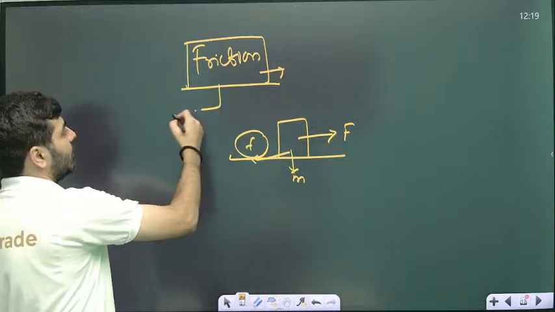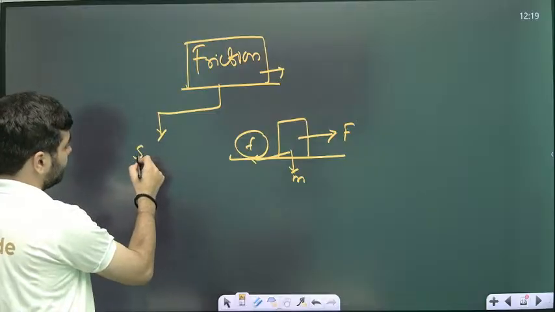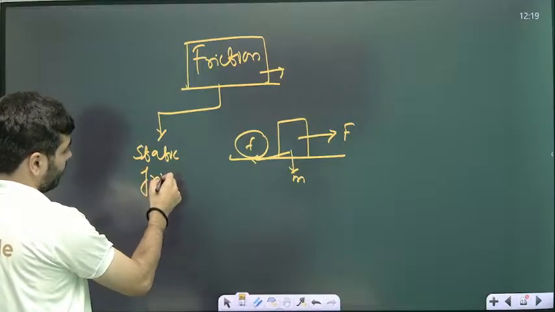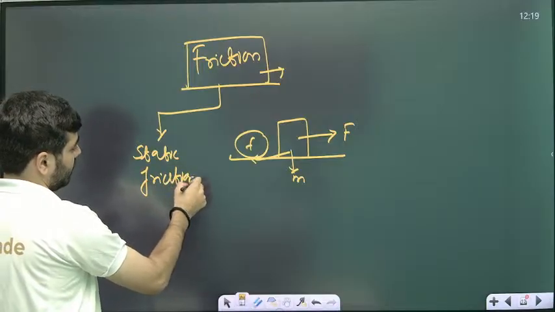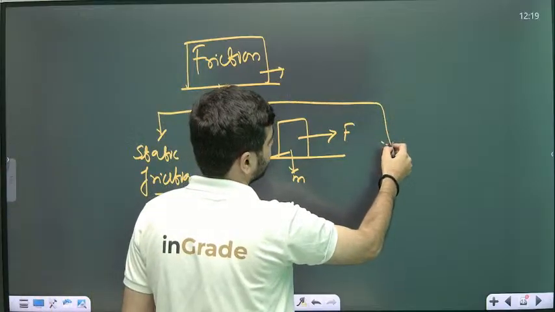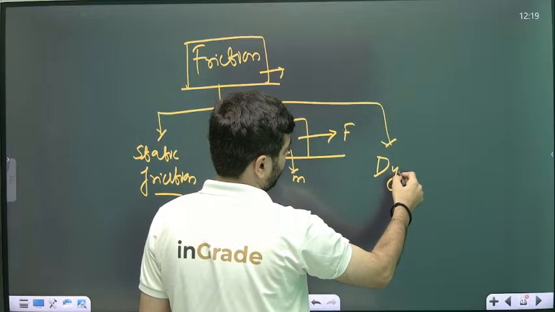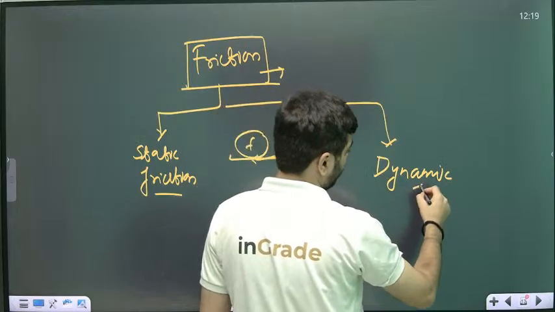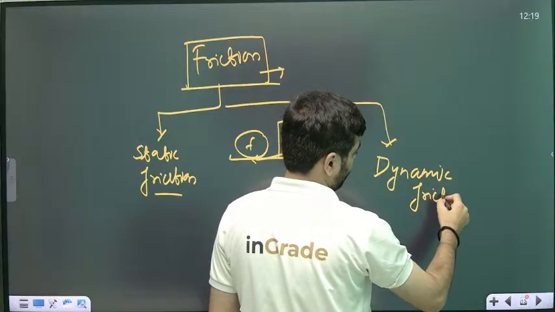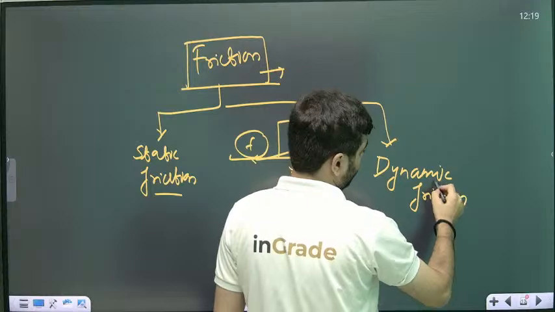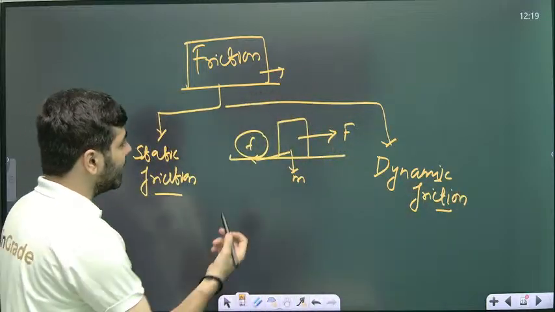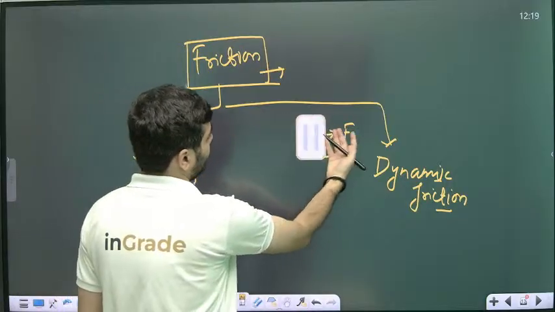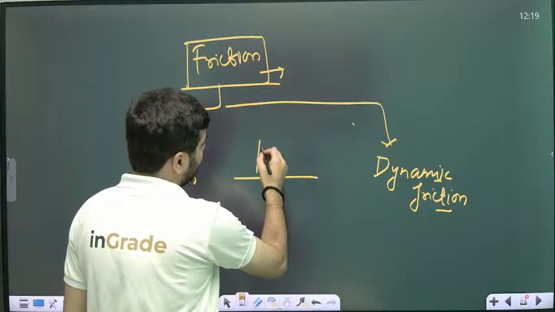Also we have two kinds of friction. One is static friction. Another one is dynamic friction. It means if a body is at rest, this time the body is not moving.